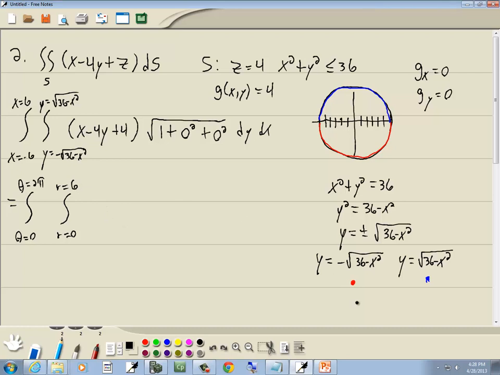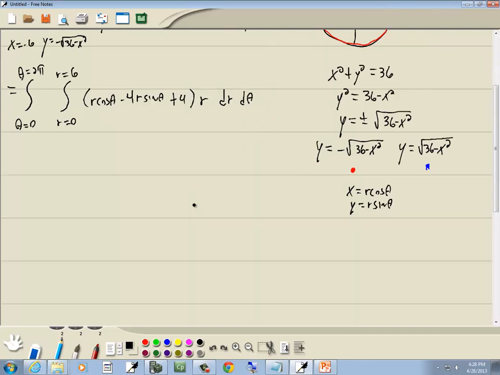Now remember, to switch these, x is equal to r cosine theta, and y is equal to r sine theta. So this x becomes r cosine theta, minus 4y, which is r sine theta, plus 4, and remember we have to put an extra r when we switch to polar. Whenever you have a circle, you may find it easier, not always, a lot of times to switch it over.